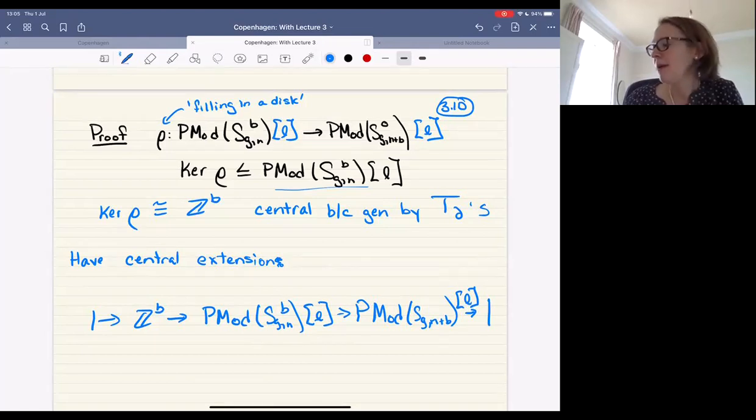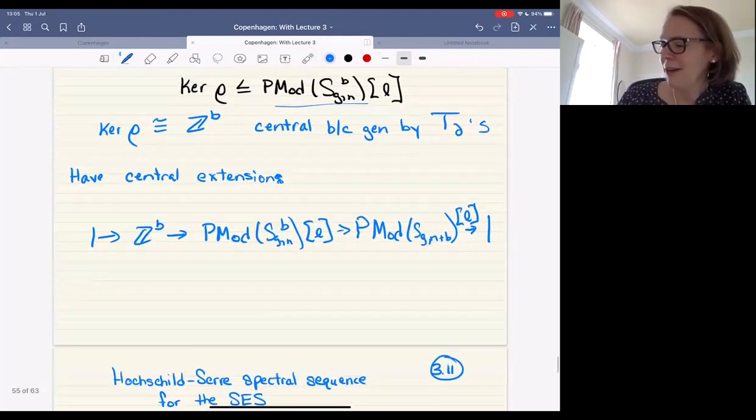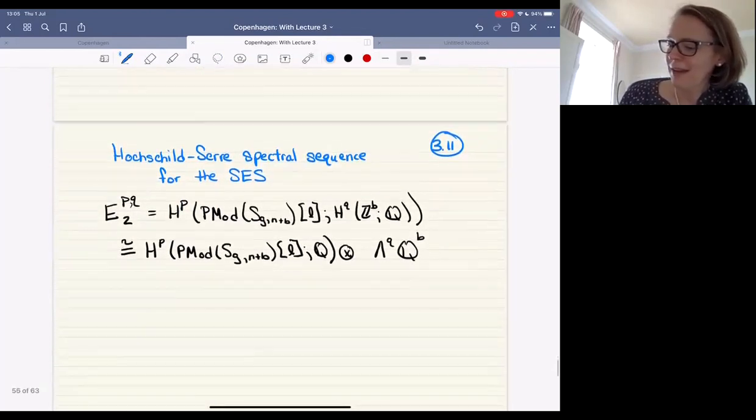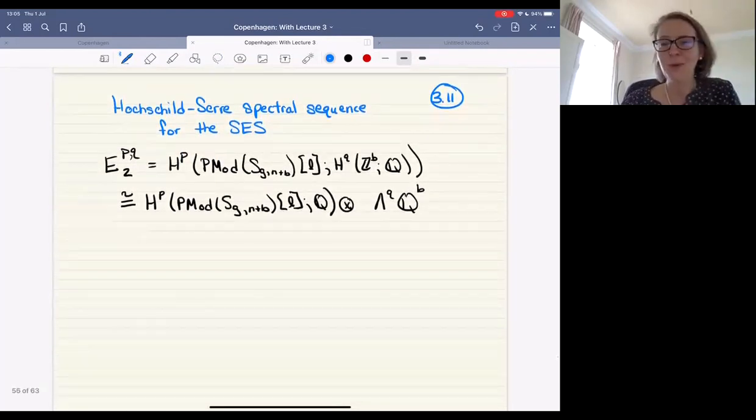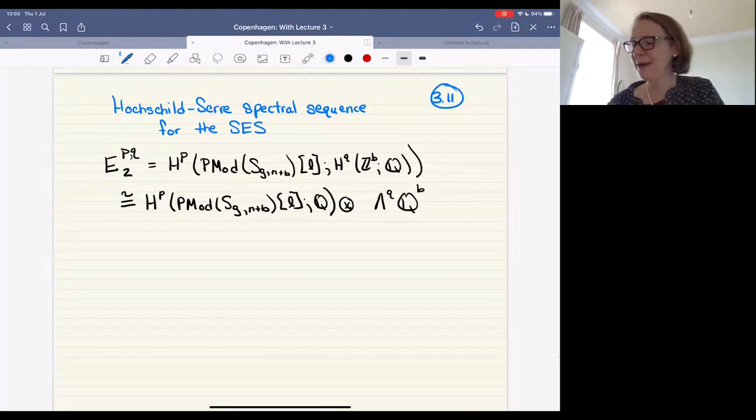So we now just get out our copy of Hochschild-Serre spectral sequences for dummies, and we write down what we get on the E2 page. And so what do we get? Well, this is what we get.